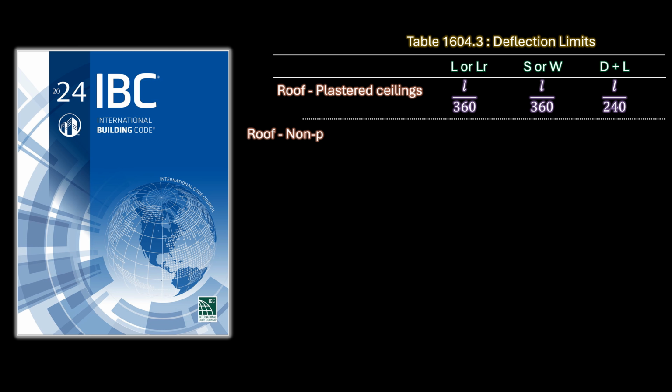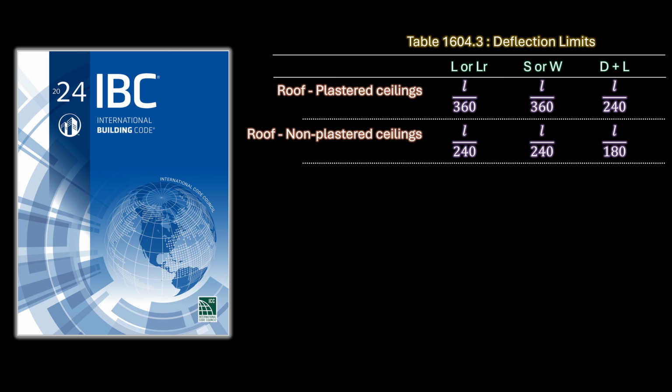When supporting non-plaster ceilings, the deflection limit under live loads, snow loads, or wind loads is L over 240. For long-term dead plus live loads, the limit is L over 180. When not supporting a ceiling, the deflection limit under live loads, wind loads, or snow loads is L over 180. For long-term dead plus live loads, the limit is L over 120.